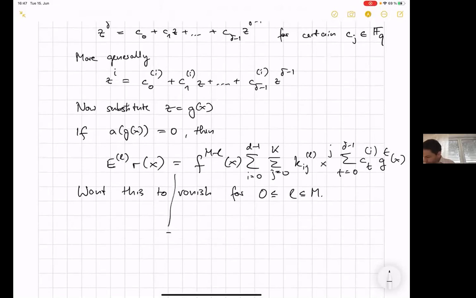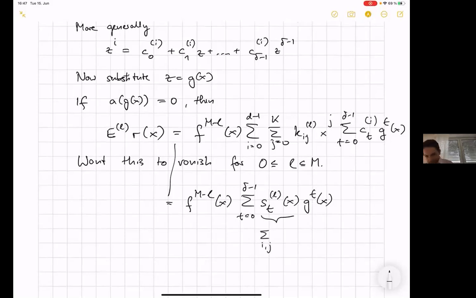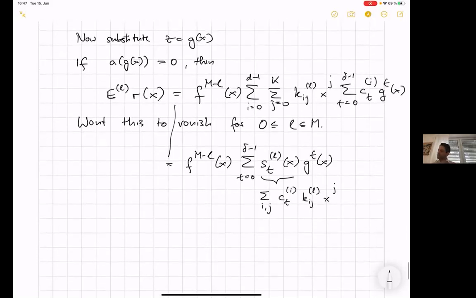This equals f^{m-L}(x) times the sum over t from 0 to delta minus 1 of S_{tL}(x) g^t(x), where S_{tL} is just the ij sum. So this is the ij sum of c_{t,i} k_{ij}^L x^j.